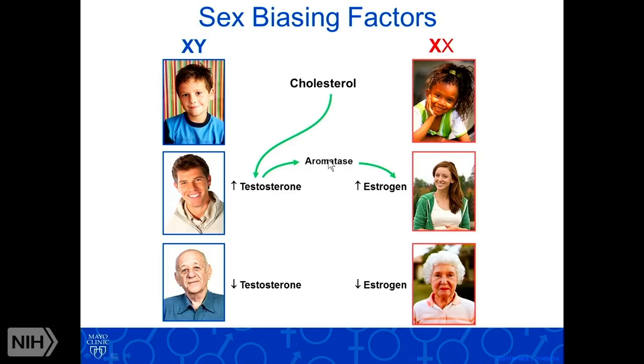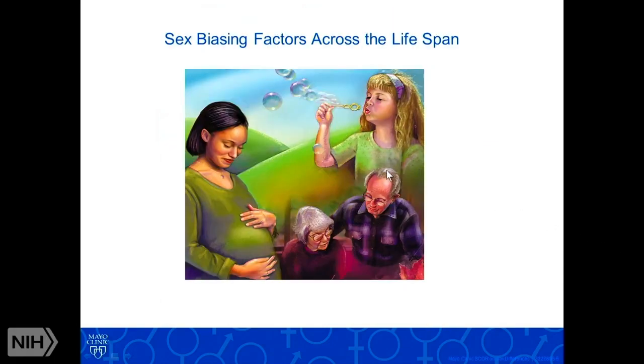Aromatase, present in some organs, the heart and the brain, for local production and conversion of estrogen in men, is becoming quite important. Also keep in mind that the relative concentrations of these in the body vary over the lifespan, which I'm also supposed to talk about today, aging. So what you have is a sex biasing factor that varies across the lifespan.